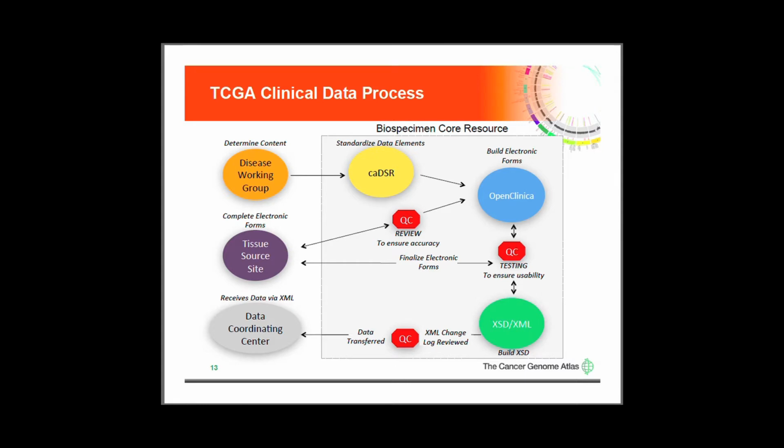Then we work with the Cancer Data Standards Registry, which is part of the NCI. We will register these questions with the CADSR. Generally, there are a lot of these clinical data questions that are being asked for other projects in the National Cancer Institute, and they may already have specific questions laid out and very defined answers.